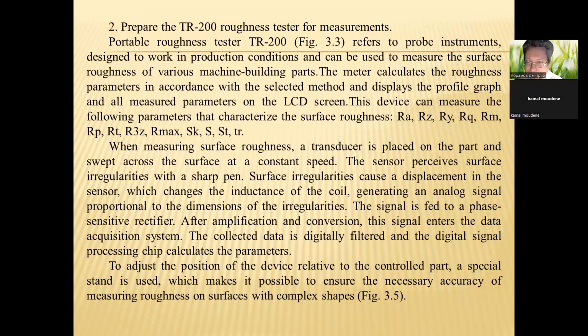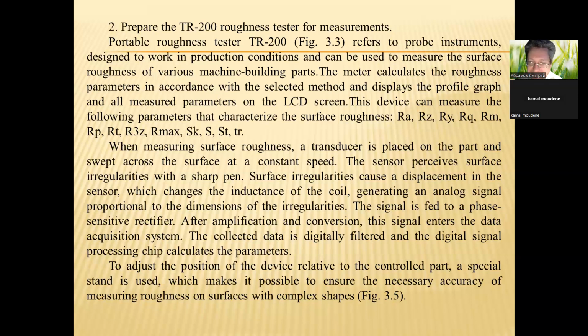The sensor perceives surface irregularities with a sharp pen. Surface irregularities cause a displacement in the sensor, which changes the inductance of the coil, generating an analog signal proportional to the dimensions of the irregularities.